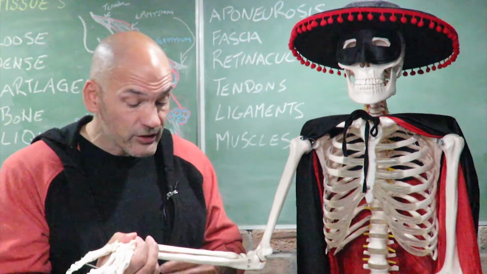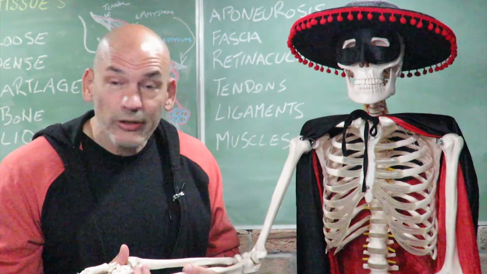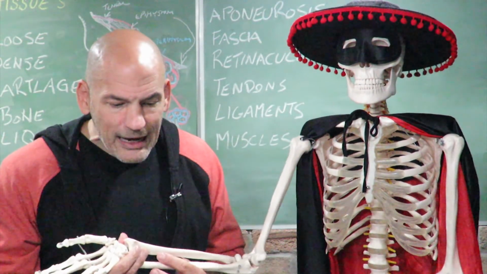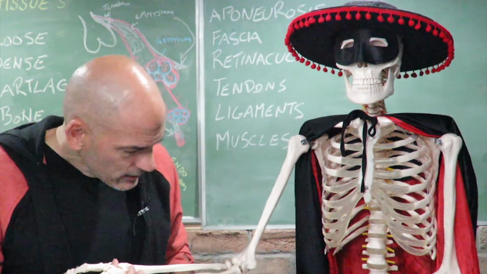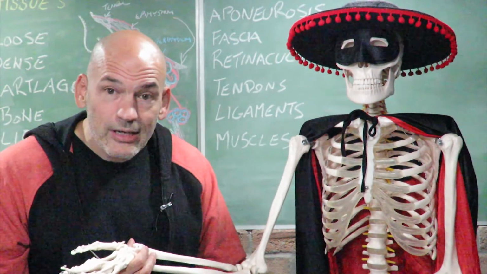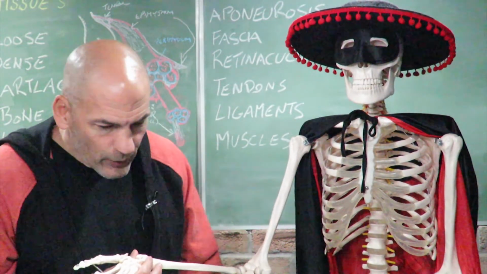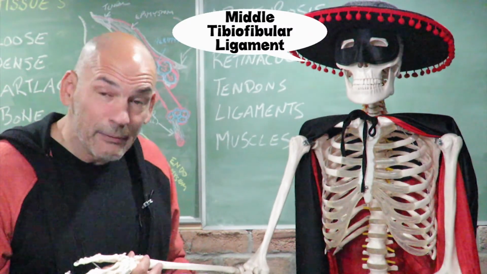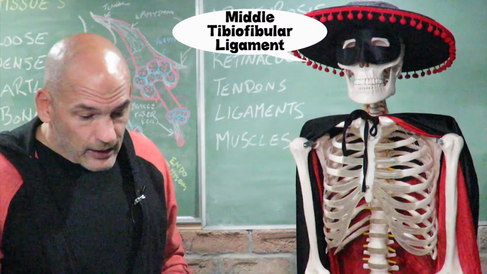We saw the different compartments on that turkey drumstick. And you also have one in your lower leg between your tibia and fibula, which is called the middle tibiofibular ligament. And I will actually show you a picture of that. I think I have one.